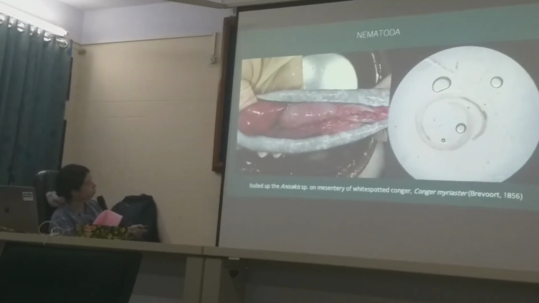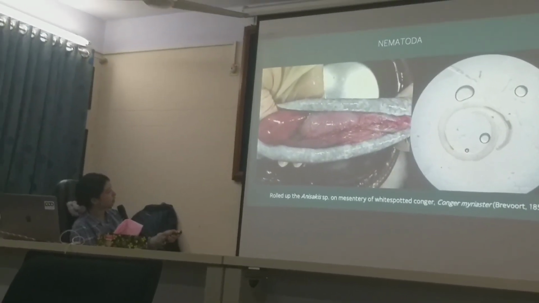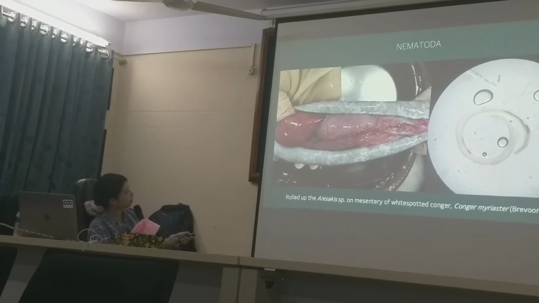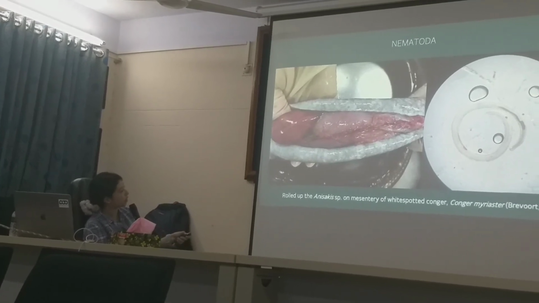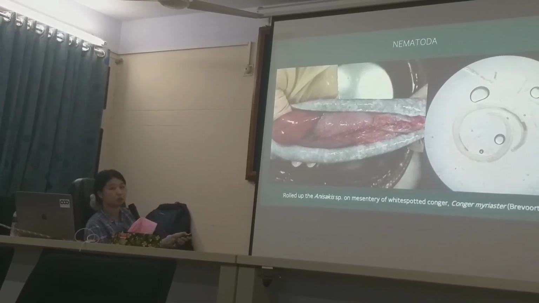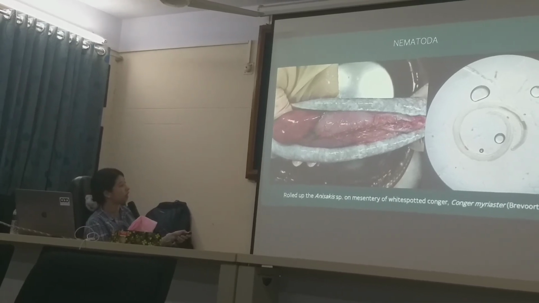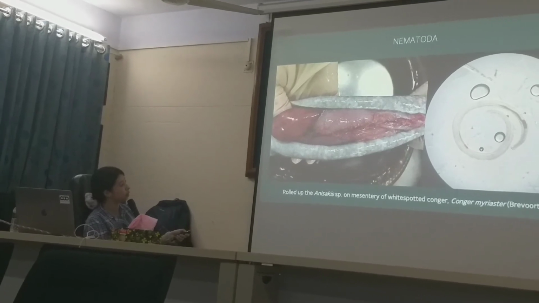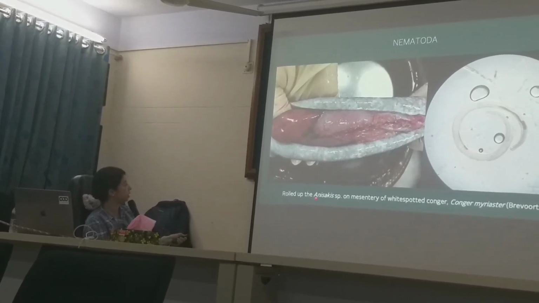Under the microscope, you can see this transparent body, and this is the key for anisakis. It's called the ventriculus, like the human stomach. So when you have this part, you can say anisakis.